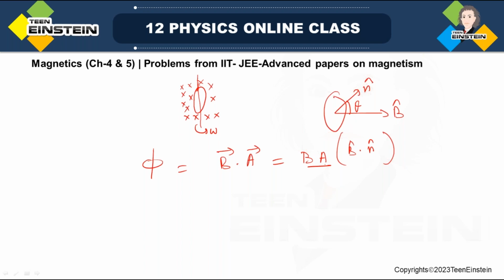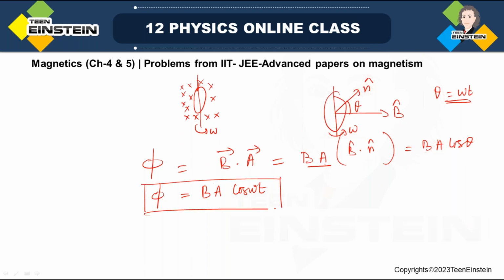If the angle is theta and it is rotated about this diameter with angular velocity omega, then theta can be written as omega t. So I can write phi equal to BA cos theta, that is BA cos omega t. This is the expression for the flux.